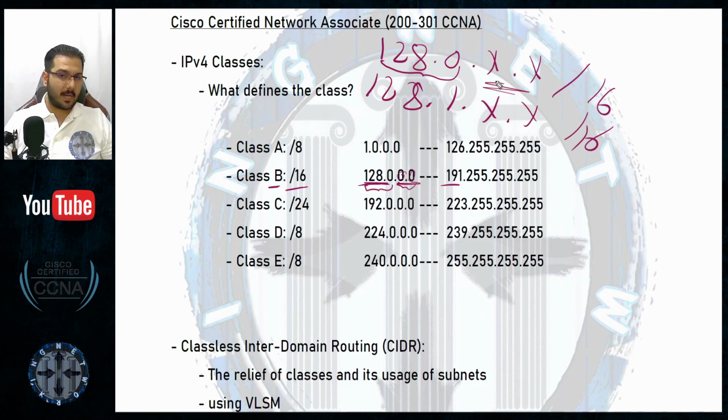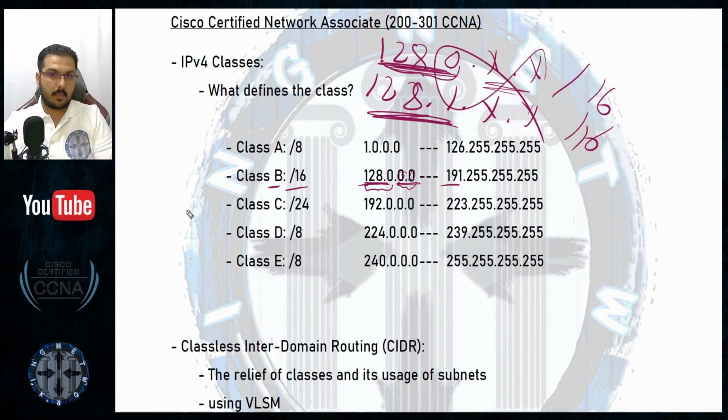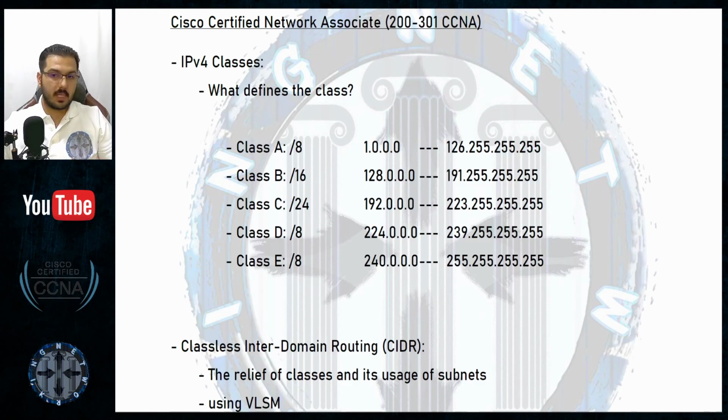So whatever here, I don't care, but I care about these being identical. As long as they are not identical, these two cannot talk. Regarding class B, or subnet /16, in class A it's the same thing. 1 dot whatever can communicate with 1 dot whatever, but 1 dot whatever can never communicate with 2 dot whatever in the same broadcast domain.